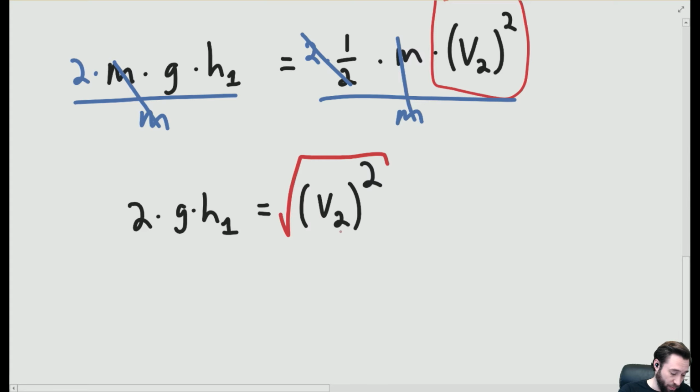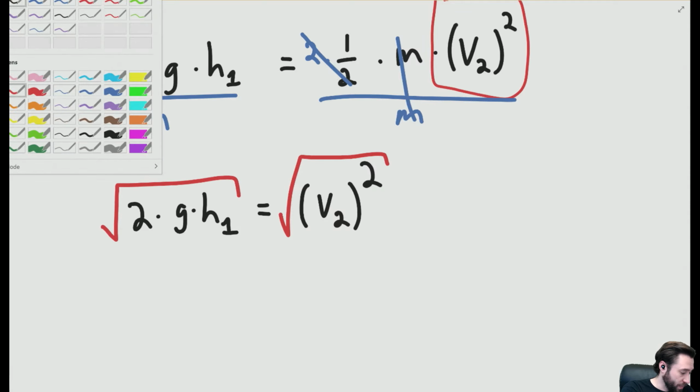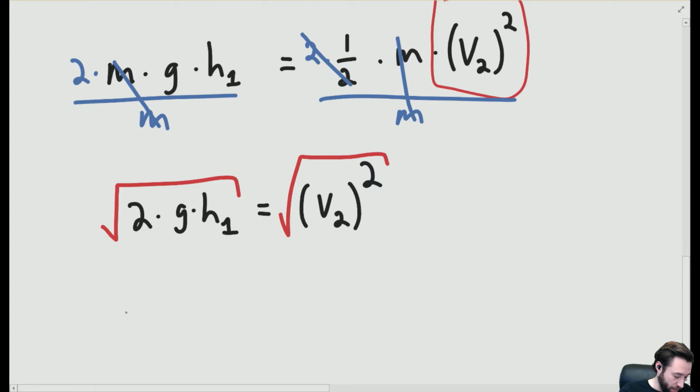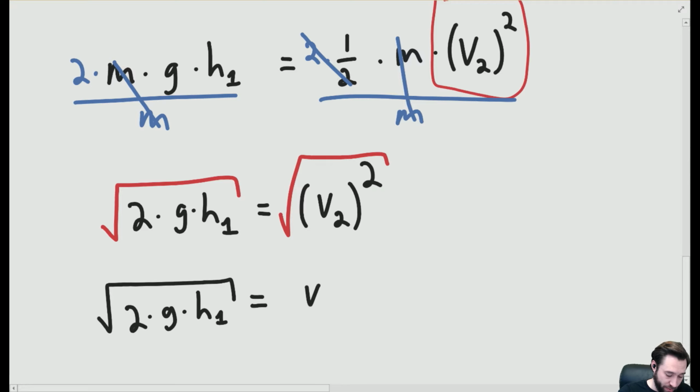And if I do that on the right side, I must do it on the left side. So what I end up with is 2 times acceleration due to gravity times the height at state 1, all under the square root, and that's equal to v2.